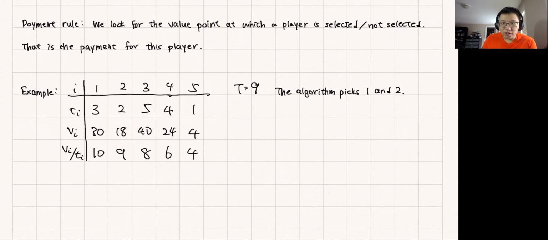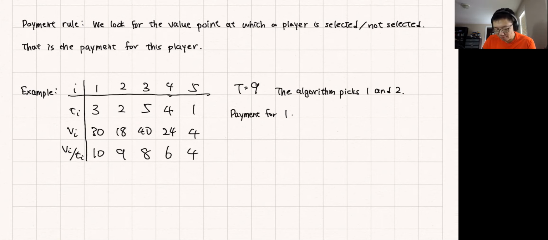So we then have to determine the payments for 1 and 2. Let's start with the payment for player 1. If we were to do a binary search, we would start with 30 and end with 0, and then maybe go halfway to 15 to see if the algorithm picks player 1.